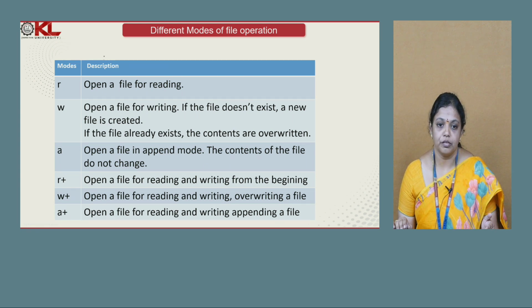A+, open a file for reading and writing. Appending a file, as I said, appending is the contents of the file do not get changed, but whatever we write will be added from the last. So these are the major modes in which we can operate the file while using the function fopen.